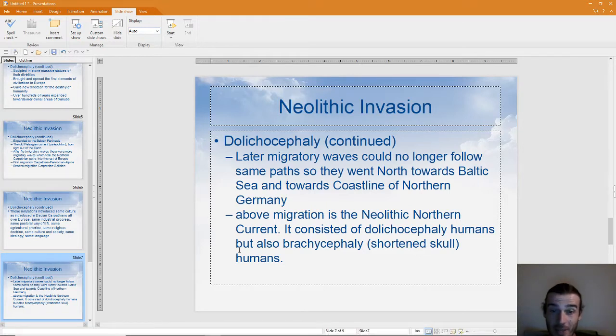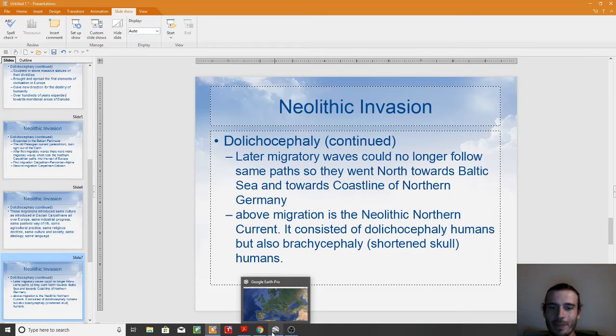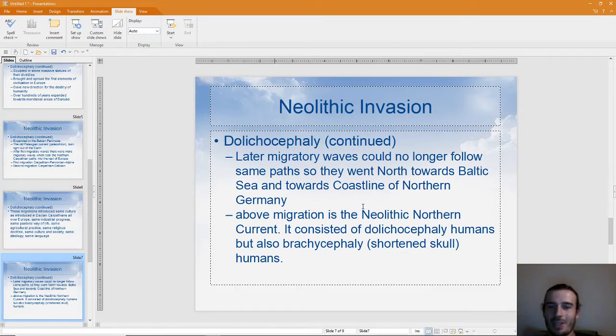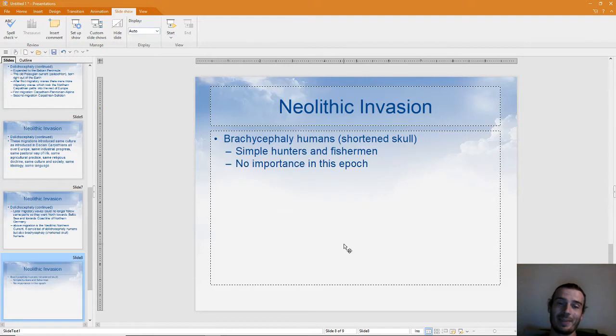this northern current migration, sorry, is not just dolichocephaly like the first two waves were. This also consisted of brachycephaly humans, or shortened skull, or actually people like us, Homo sapiens sapiens.